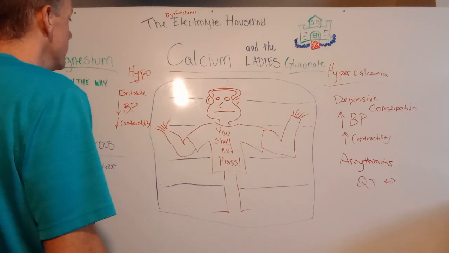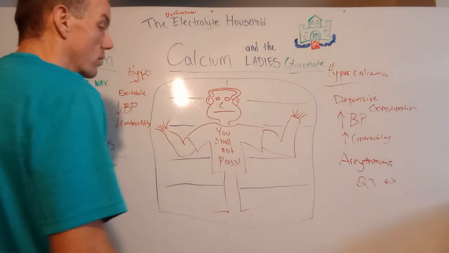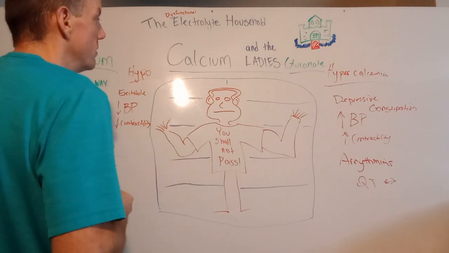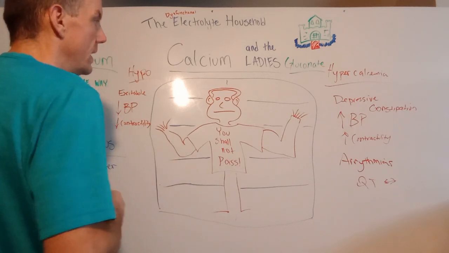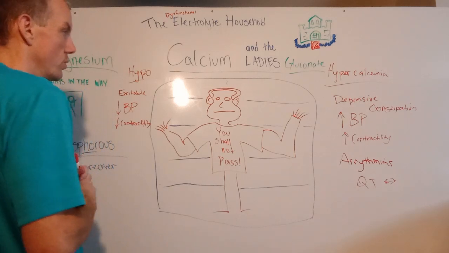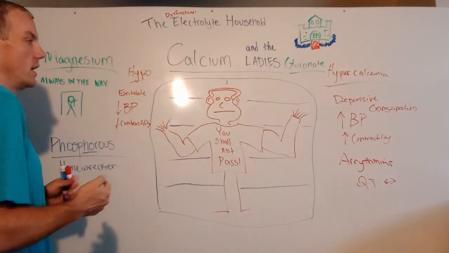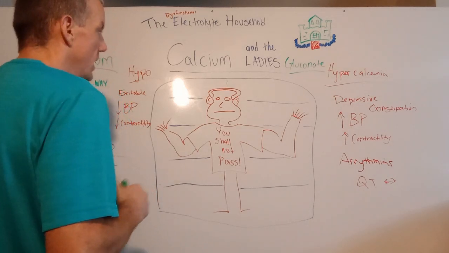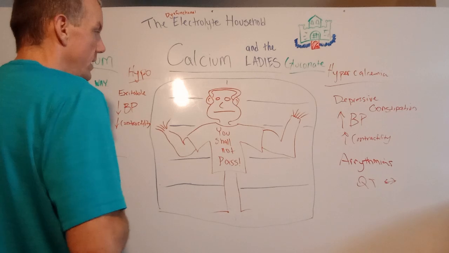Calcium is interesting because calcium is actually a really well regulated electrolyte in your system. Similar to sodium, your body has a lot of mechanisms that it uses to control calcium. You've got the parathyroid hormone, you've got calcitonin. There's a lot of ways that your body regulates calcium.